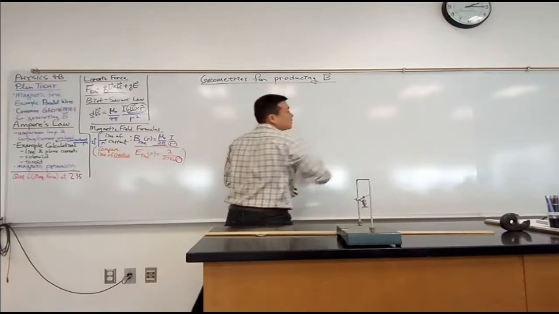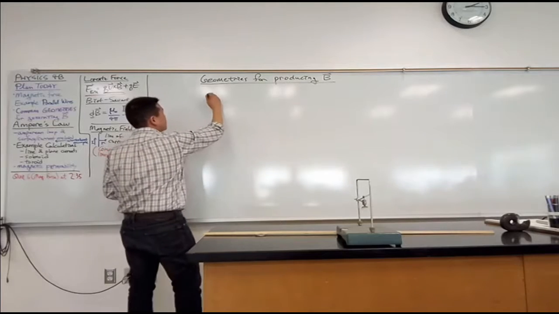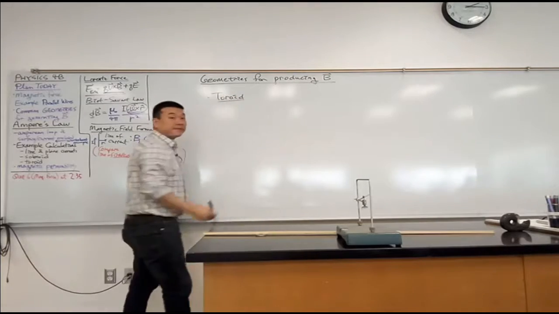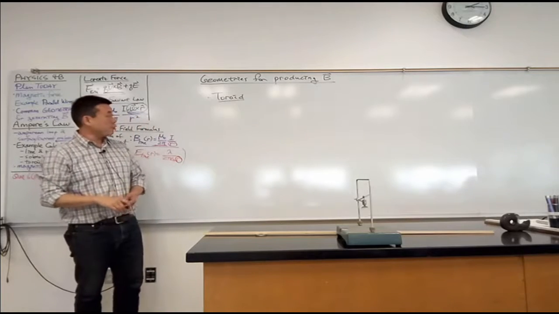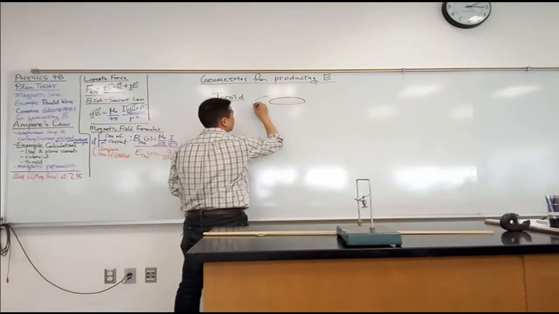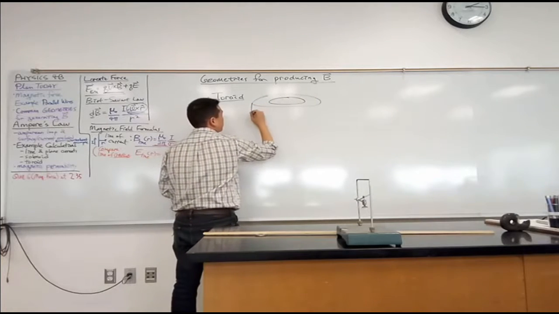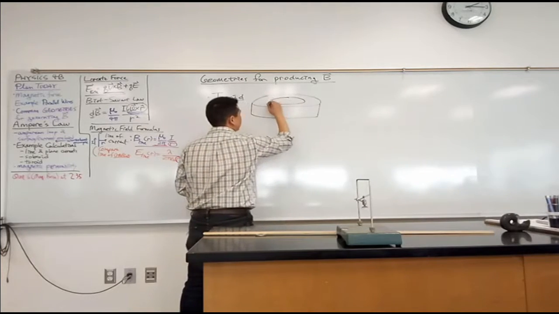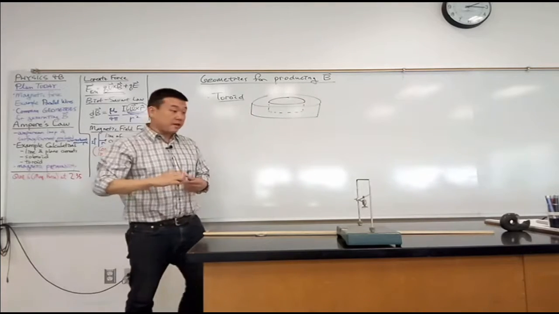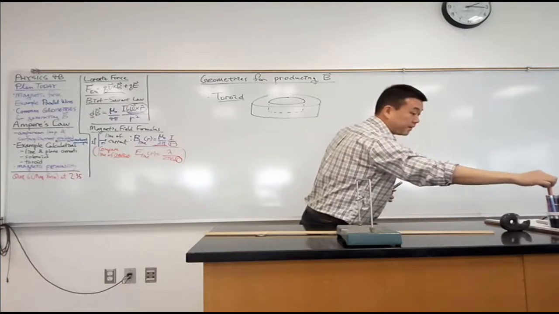The thing that's getting passed around right now is the geometry called the toroid. It looks like a donut, and when you have this donut-looking underlying geometry, we have to describe how the current is going around in it.